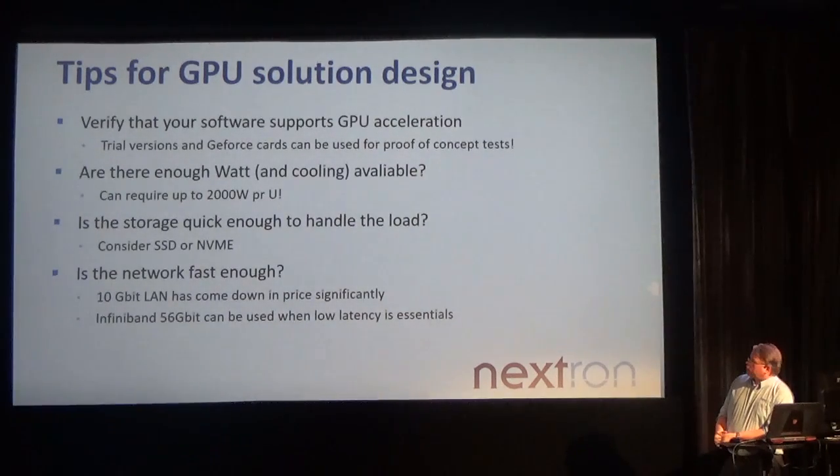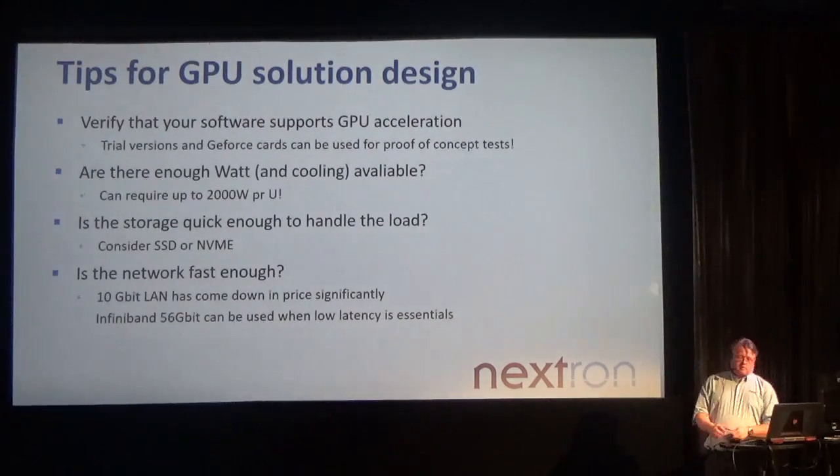So I wouldn't go directly to those if you don't really know that you need it straight away. But if you buy a system that has at least one PCIe slot available, then you can always put an InfiniBand card in later and get that performance if needed. So you don't have to jump on that wagon straight away.